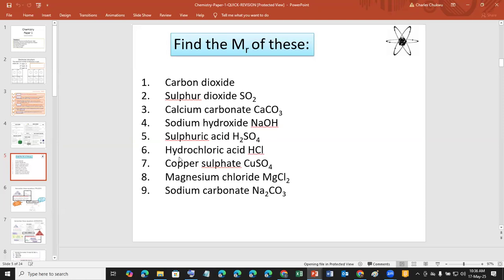Sulfuric acid is H2SO4. Hydrochloric acid is HCl. Copper sulfate, again, the ATE in it suggests that there's oxygen in it, and sulfur shows up as sulf in the name. Magnesium chloride, MgCl2, is what you have there for its representation. And then finally, sodium carbonate is Na2CO3.